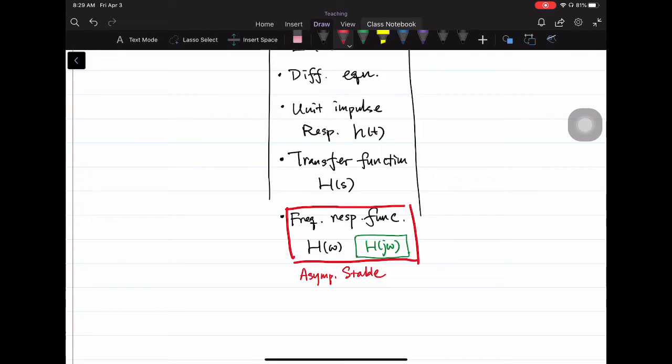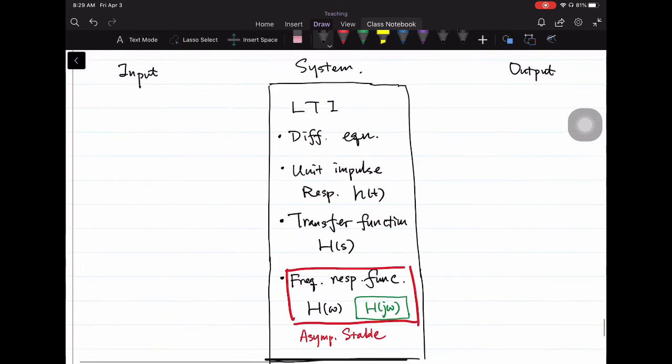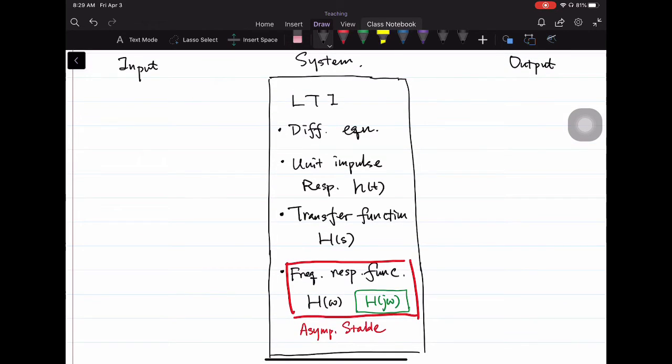If the system is not asymptotically stable, you cannot use the frequency response function in any calculations. All right, so this is the system block in this diagram.